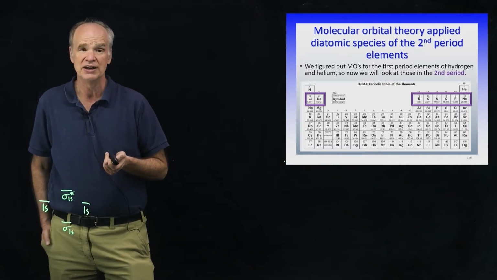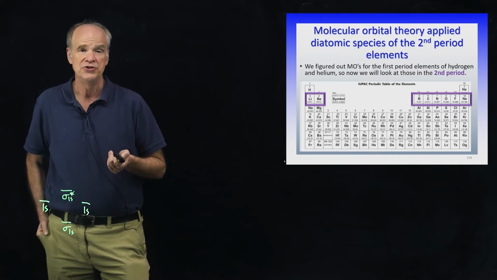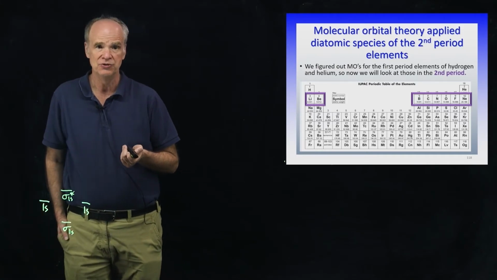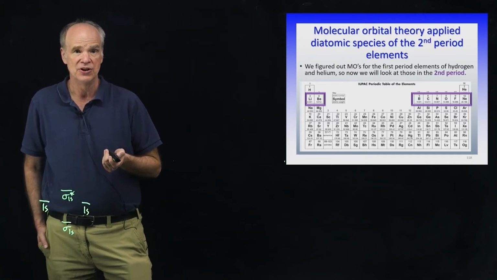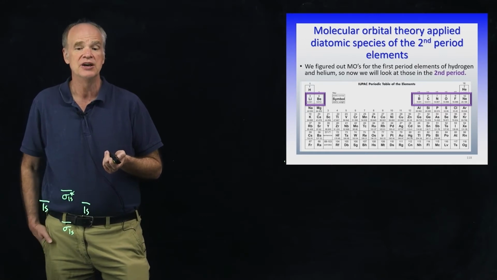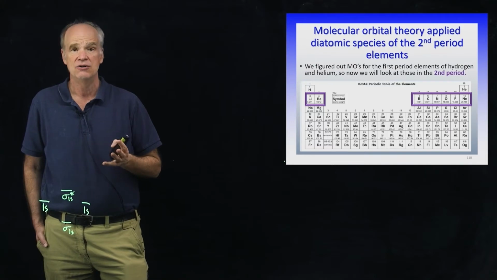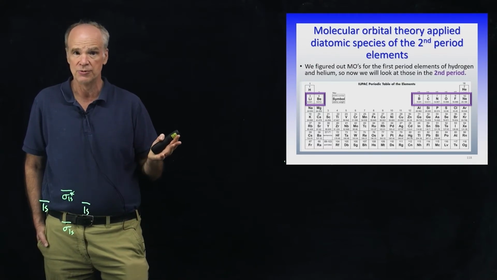What are the molecular orbitals that form when two lithium atoms bind together to form Li2? How about for two beryllium atoms to form Be2? And then boron, carbon, nitrogen, oxygen, fluorine, neon, what kinds of molecular orbitals are formed from those atoms to form the molecules?